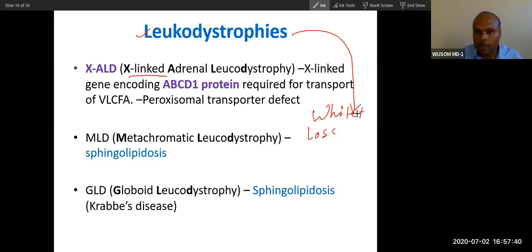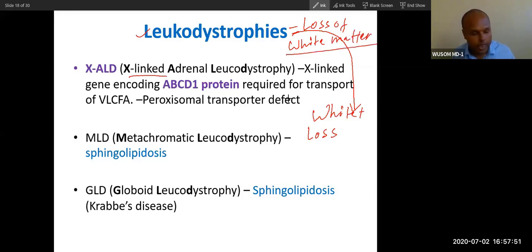So it is actually loss of white matter. What forms the white matter of the brain? Does anybody know? Myelin forms the white matter of the brain.